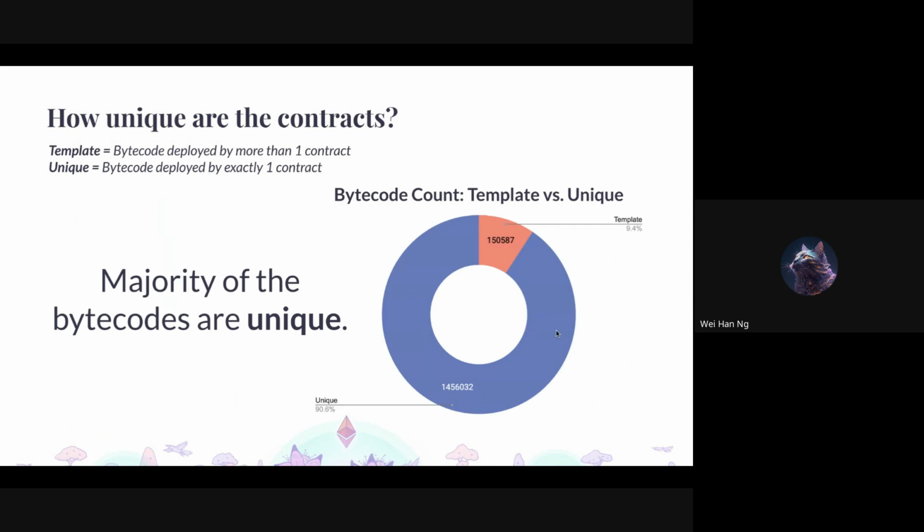I'm not sure if your clients have something like an inspect DB tool. If you run db inspect in Geth, you will see this result as well. We have about 1.6 million unique code hashes in total. If you do the categorization, about 1.45 million are truly unique, and about 150K are what we call template bytecodes.